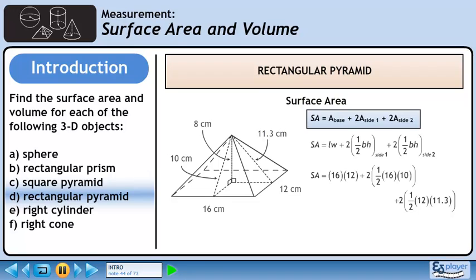Now plug in the values from the diagram. Simplify. The surface area of the rectangular pyramid is approximately 488 square centimeters.